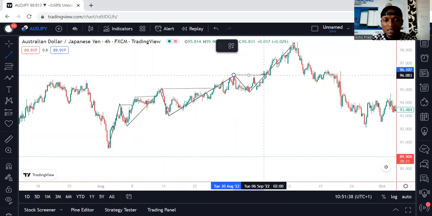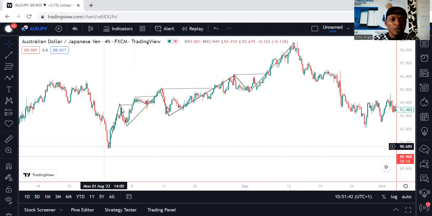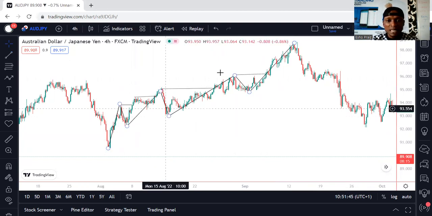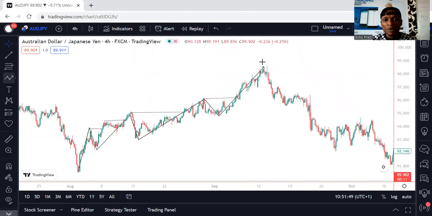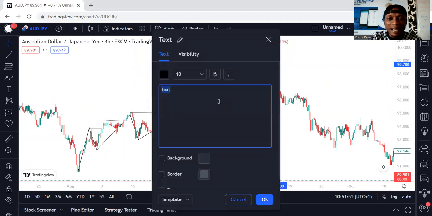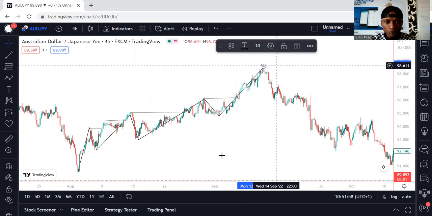Understand what I'm saying, guys? As you can see, we have expansion, retracement, expansion, retracement, expansion till the market created a higher high. This is our last high, which is our higher high. So this is our last high here.